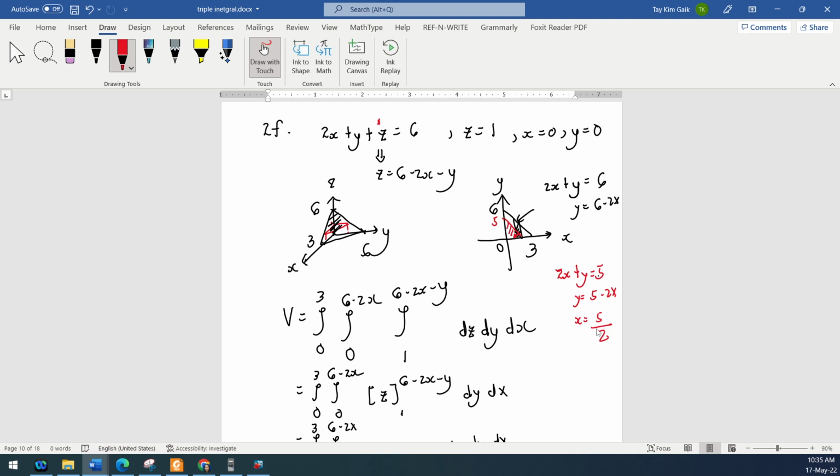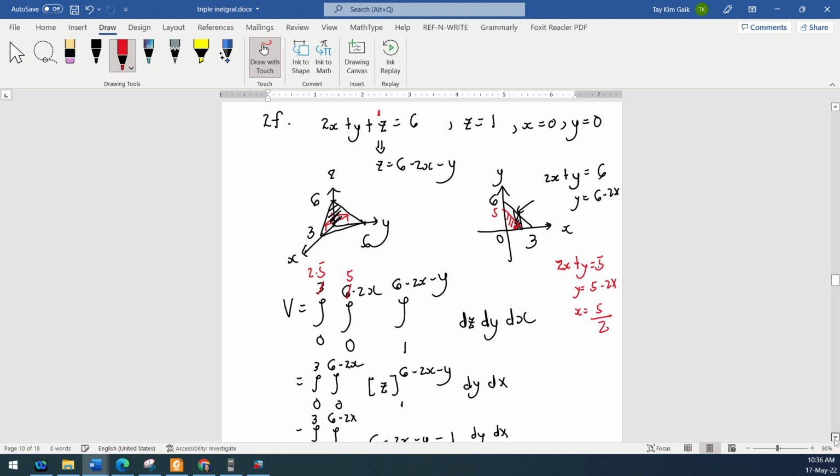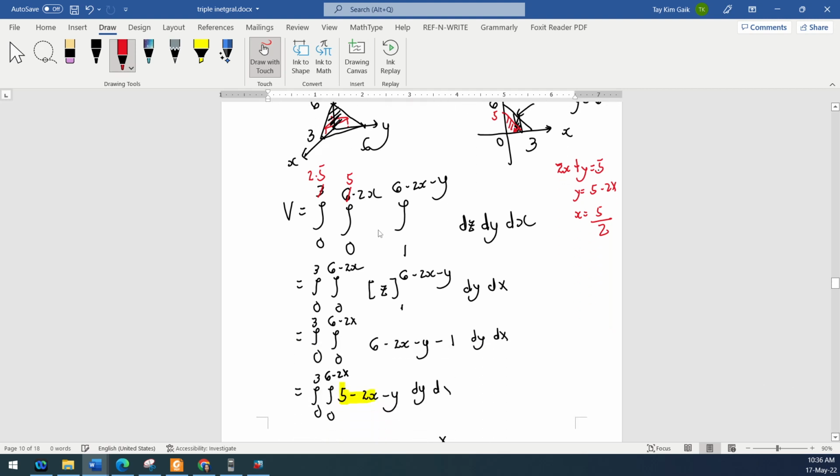So x is actually from 0 to 2.5, and then y is 0 to 5 minus 2x. So this is the mistake here. The limit for y is wrong. The limit for x is 0 to 2.5.